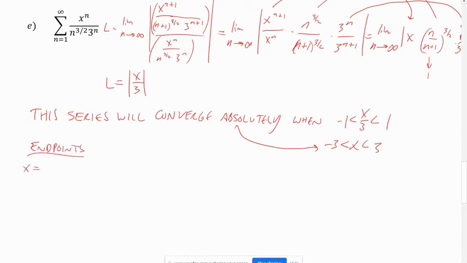So if we try x equals -3, the sum becomes -3 to the n over n to the 3 halves, 3 to the n. And we can simplify this. -3 to the n over 3 to the n, that's just the same as -1 to the n over n to the 3 halves.